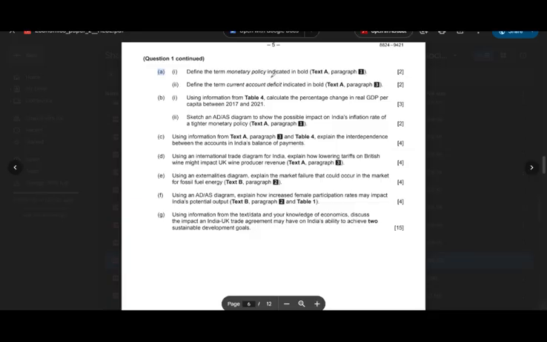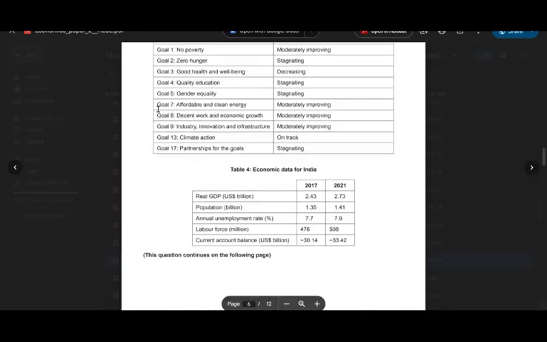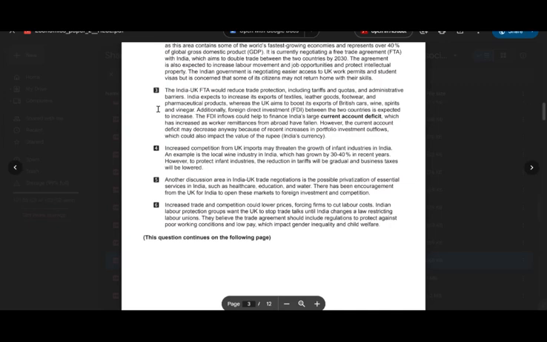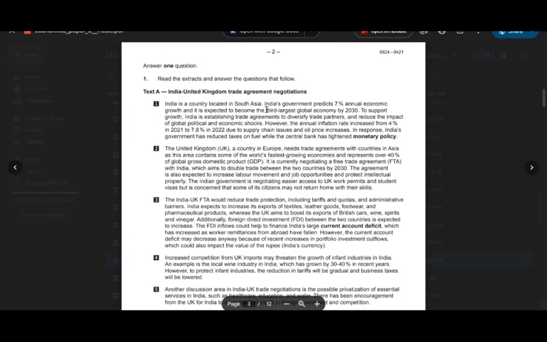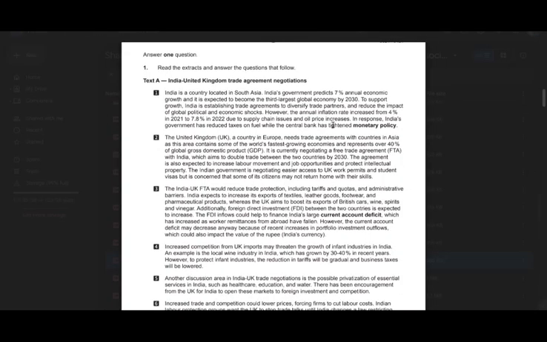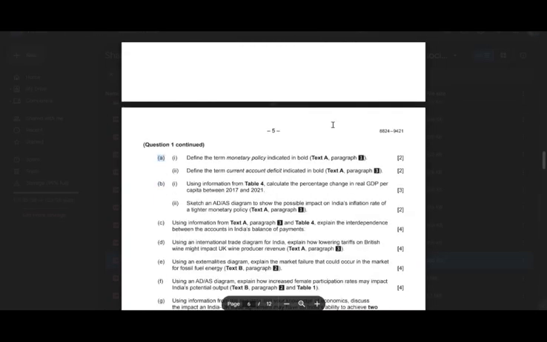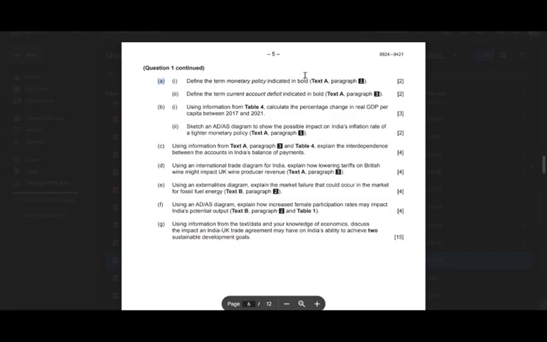So for example, define monetary policy, text A, paragraph 1, we just go up to text A and we just read only paragraph 1. Based on this, you get some information, you know what the case study is talking about a little bit, and you can very easily define monetary policy in a couple of minutes. Go through the rest of these in the same way.